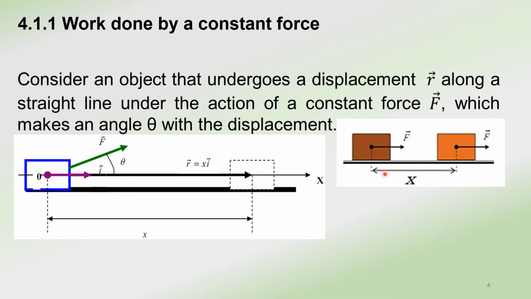Then another force may be applied in a direction horizontal to the x-axis by pulling the same body from the initial position to a final position, and then the work done by a constant force F to move a body within a displacement r is equal to the magnitude of force times the distance moved times cosine of an angle theta.